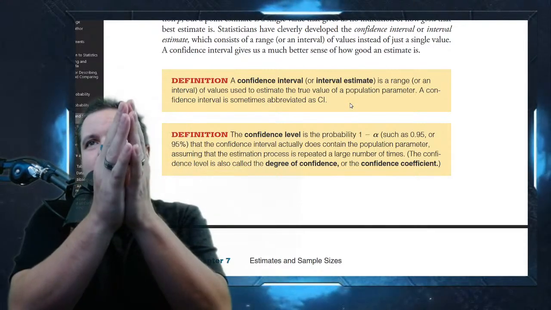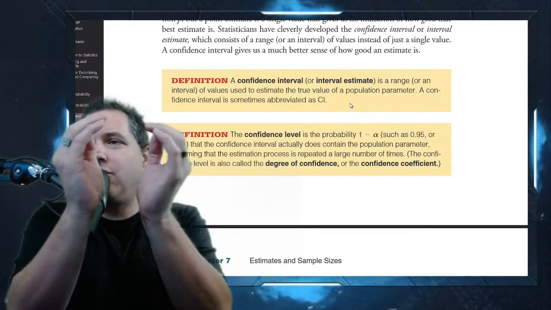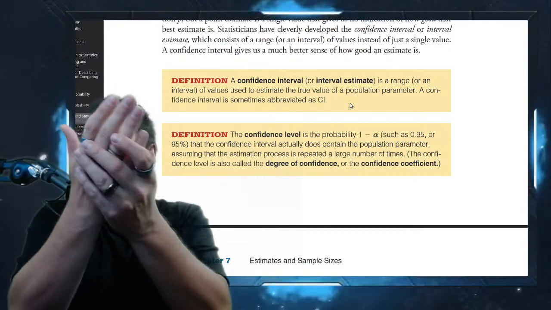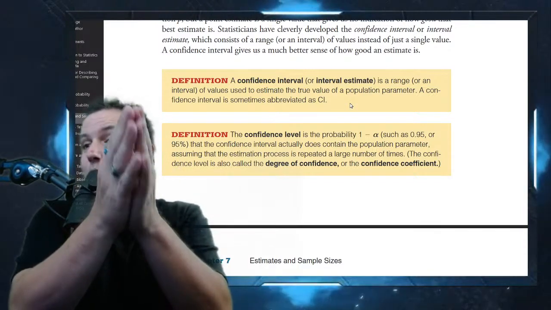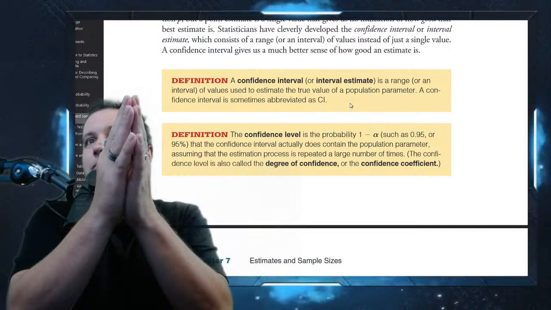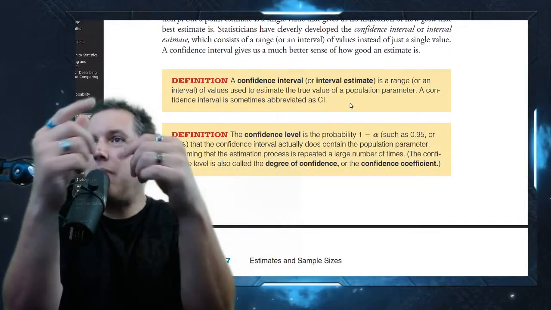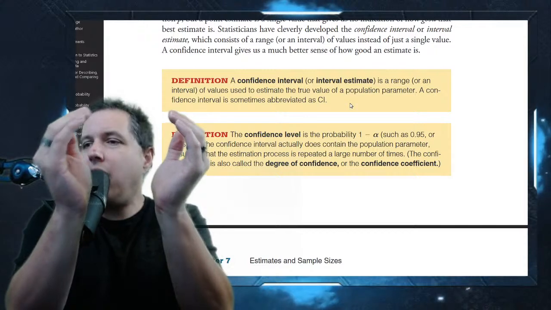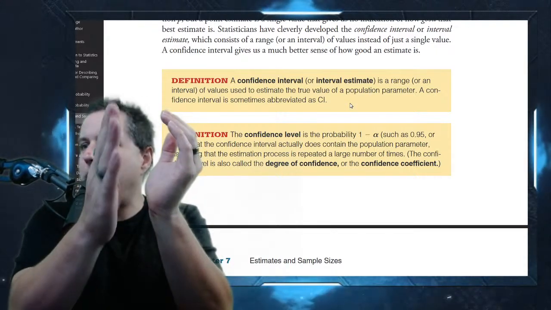A lot of times students will take the confidence interval and just take the value in the middle and say, well, wouldn't it be the thing in the middle? No, because the thing in the middle is the point estimate, right? You're sort of working backwards. We don't know that the true value is right in the middle of our interval, so don't make that mistake.